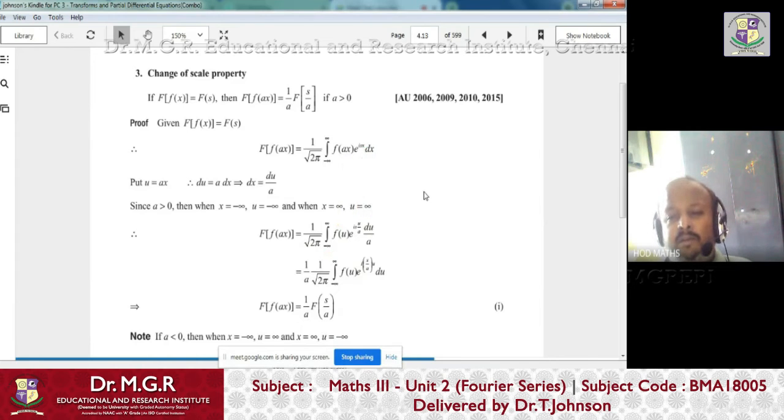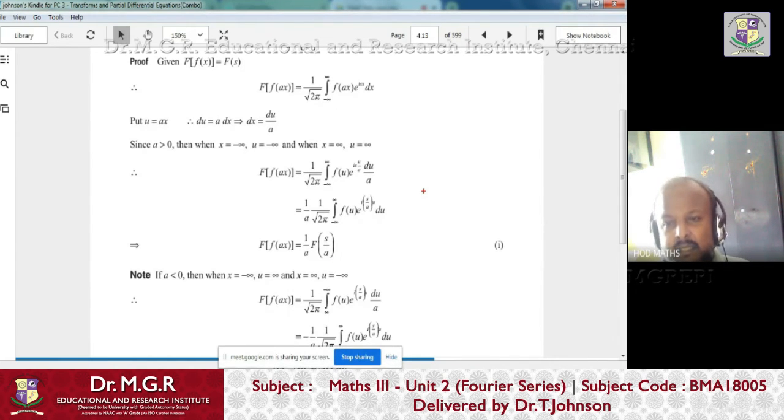Now what do you have to do? Take this 1/a outside. Since u is the variable with du, s is like a constant, so s and a can be written as a single identity, s/a. We are not changing anything, we are just rewriting.